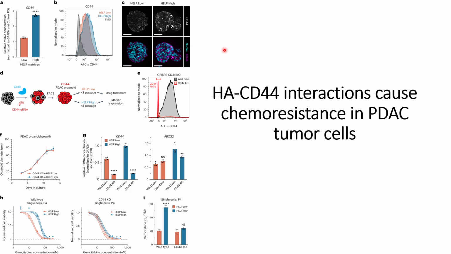After validating that the high HA matrices have more CD44 expression, they wanted to check whether this CD44-HA interaction causes chemoresistance in the PDAC. The approach they took is to knock down CD44 in the pancreatic organoid, and then culture them in the high HA and the low HA matrices to check the chemoresistance.